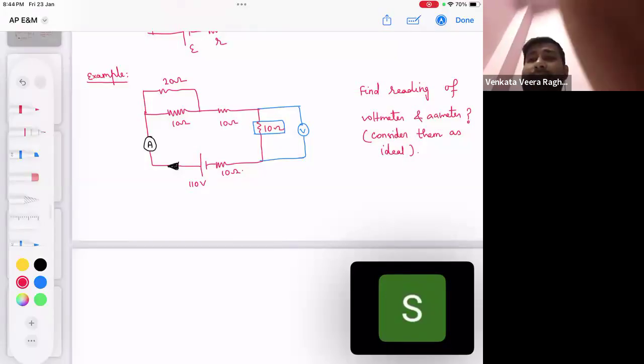So please tell me what the voltmeter reading is coming and what the ammeter reading is coming.